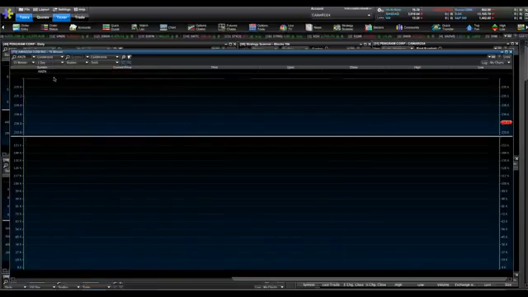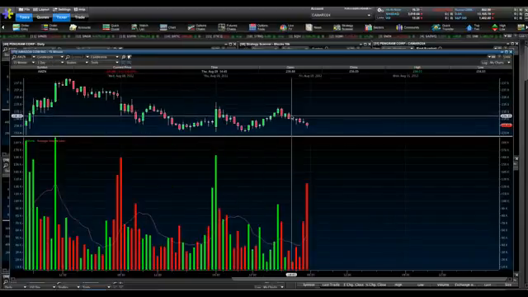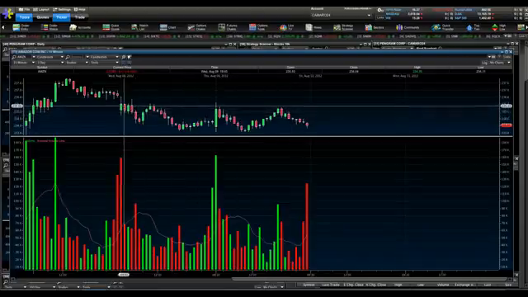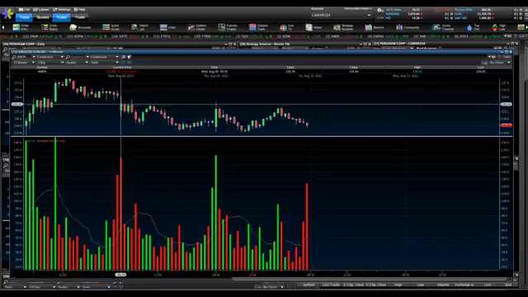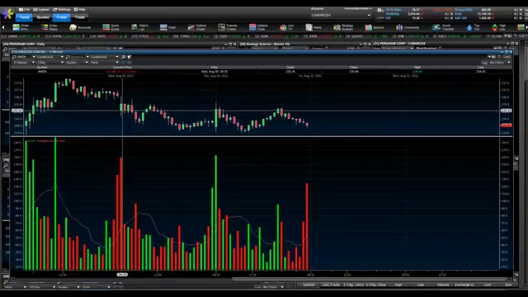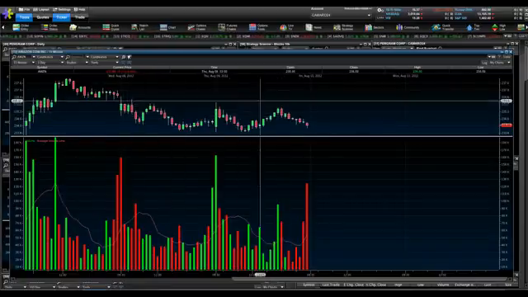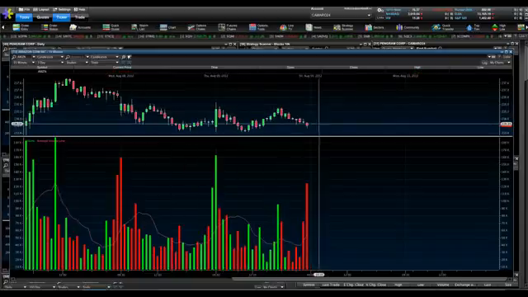I'm not going to do examples right now, but you could use, so this would be yesterday's candle, and this would be the previous day. You could use these candles as well to chart out and use as trend lines for today.